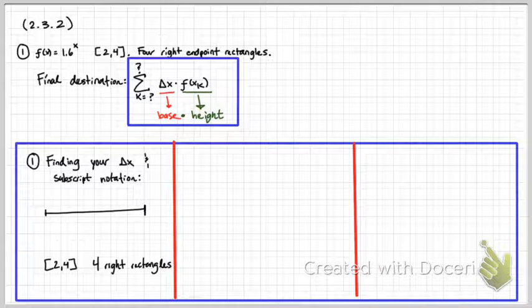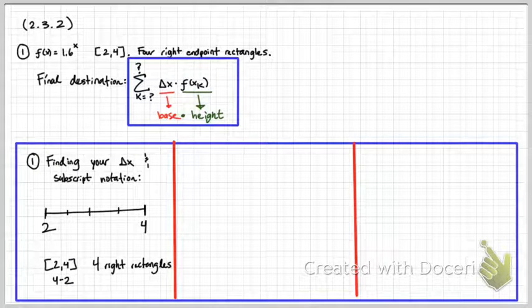So I'm going to start my number line from 2 to 4, and I'm going to divide this into 4 sections. So cut it in half, cut the half in half, I get 3. Actually, I shouldn't even jump that far. We should figure this out algebraically. So to do that, I'm going to do 4 minus 2, which is my difference, which is 2, which represents the entire distance here.